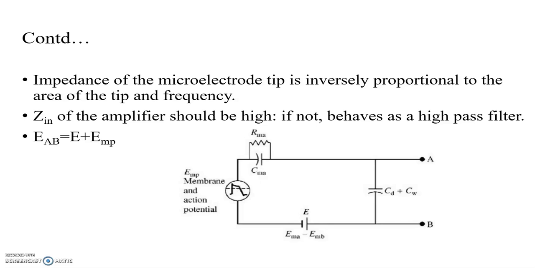Thus, when the input impedance of the amplifier is not high enough, it behaves as a high pass filter. The output across these two terminals is the sum of these two potentials, EMP and EE.